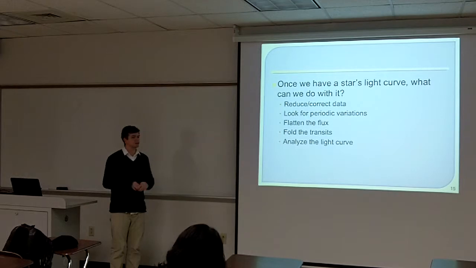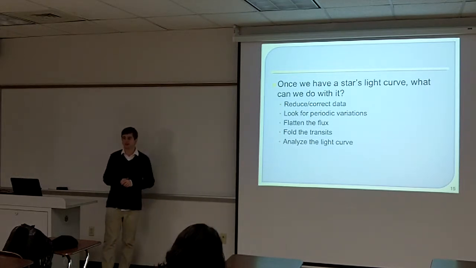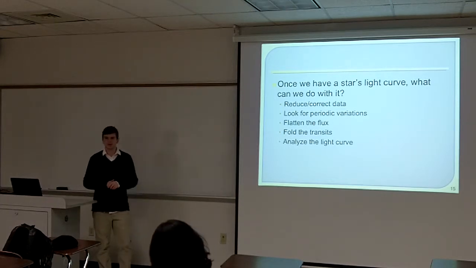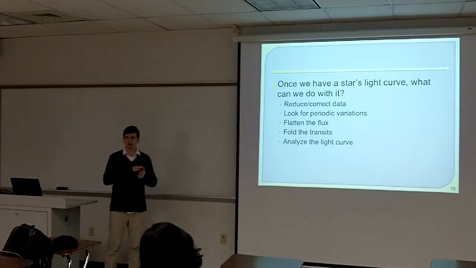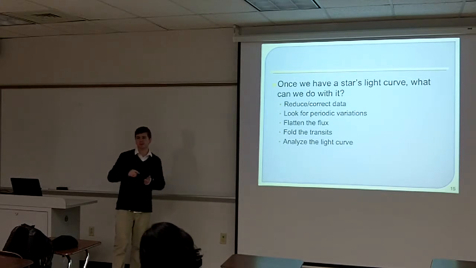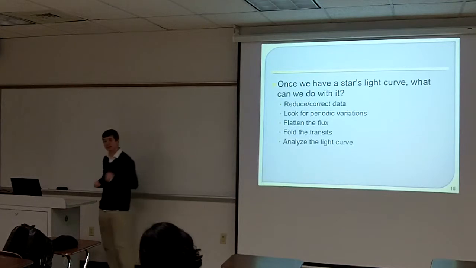From there, we want to flatten the flux value, give a relative flux of 1 in order to determine what the depth is. And then using various programs, we can fold these transits on top of each other, producing multiple data points for a much cleaner look at this light curve shape. And then we can start to analyze.